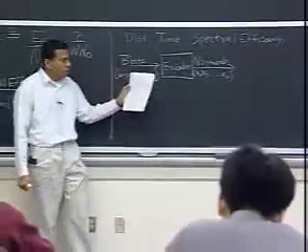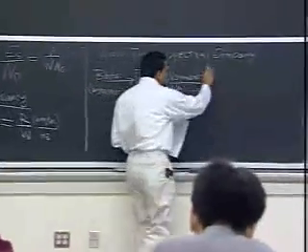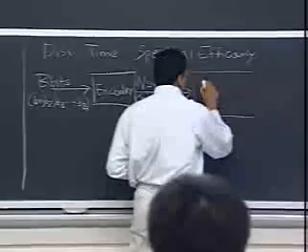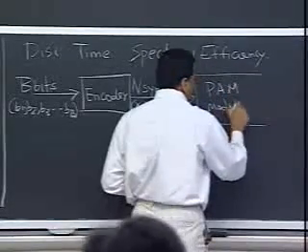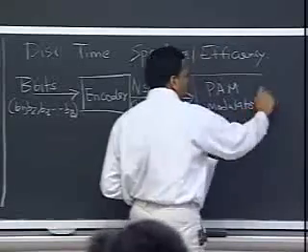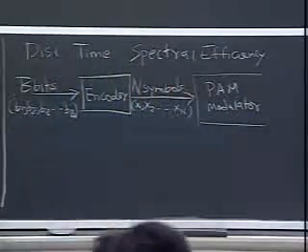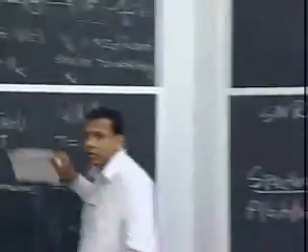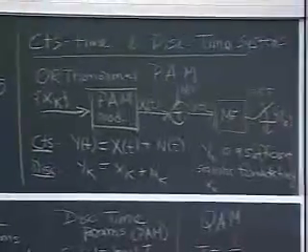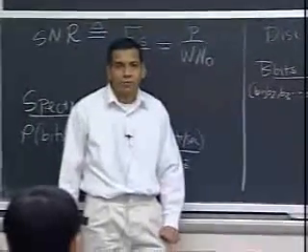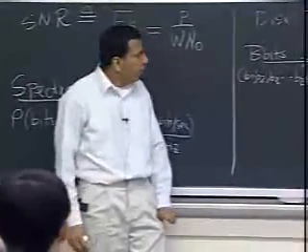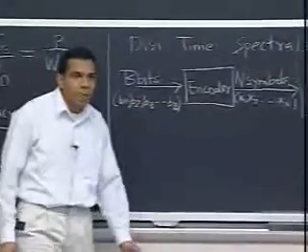Well, you have to ask what the encoder does, right? So from here, we have a PAM modulator. Okay, so it's basically this. From here on, we are back to this system. So what's the spectral efficiency now for this system? Well, how many bits do you have per symbol?